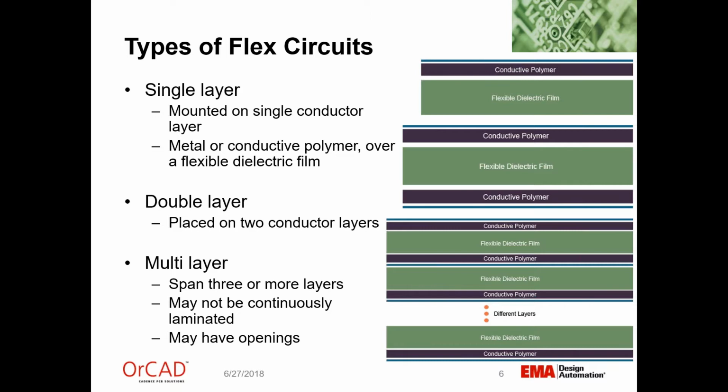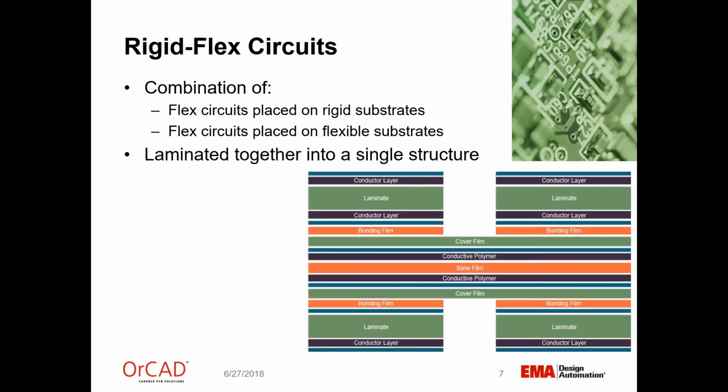These layers may not be continuously laminated together throughout the structure and may even have openings or cavities if needed. The rigid flex structure is a combination of flex circuits placed on rigid as well as flexible substrates. These are then laminated together into a single structure.